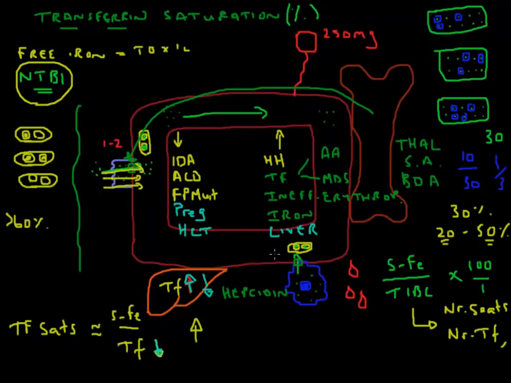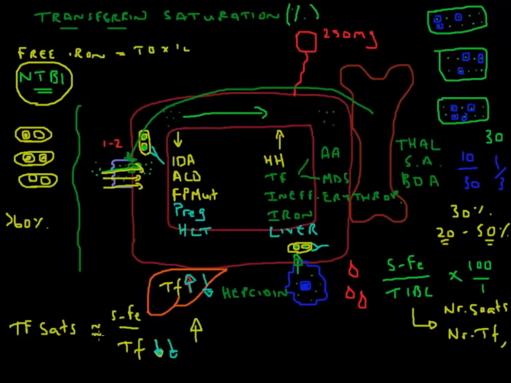There's a very rare but interesting condition whereby antibodies can be made against transferrin molecules, which leads to the destruction or the removal of these molecules. And because there are very few molecules around, there will be very few seats around, so transferrin will again decrease and the transferrin saturation will increase.